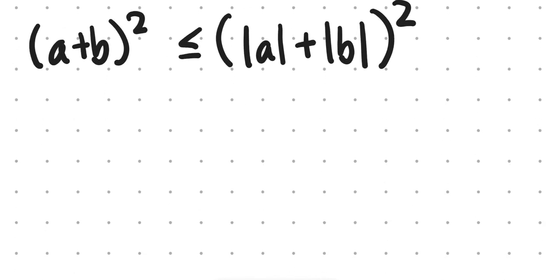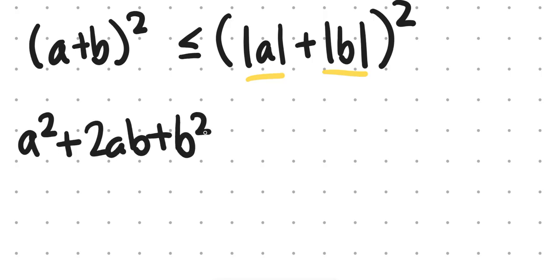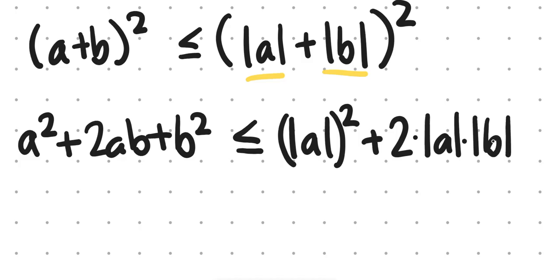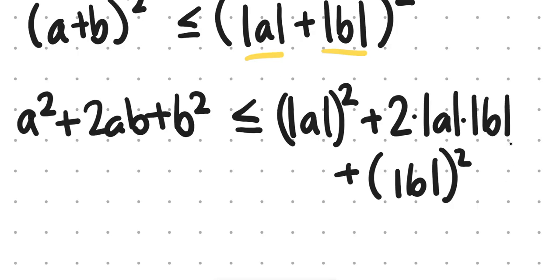Now we can use the binomial theorem, stating that (A plus B) squared is A squared plus 2AB plus B squared, but here using the absolute values. So without the absolute values, we will have A squared plus 2AB plus B squared is smaller or equal to the absolute value of A squared plus 2 times the absolute value of A times the absolute value of B plus the absolute value of B squared.